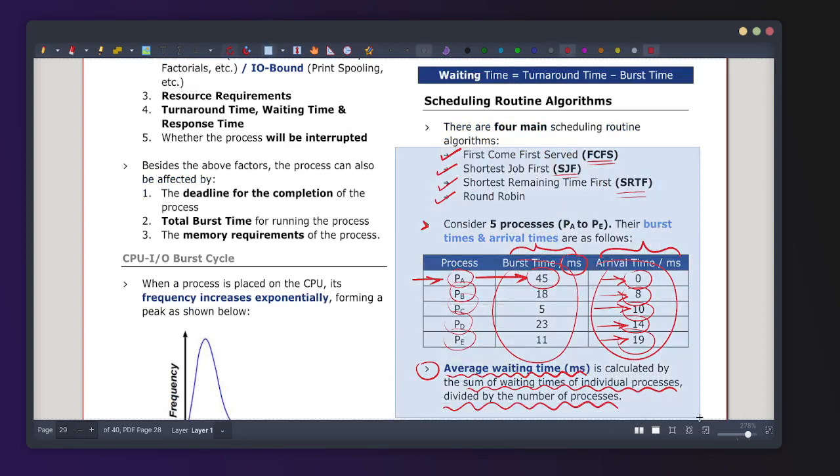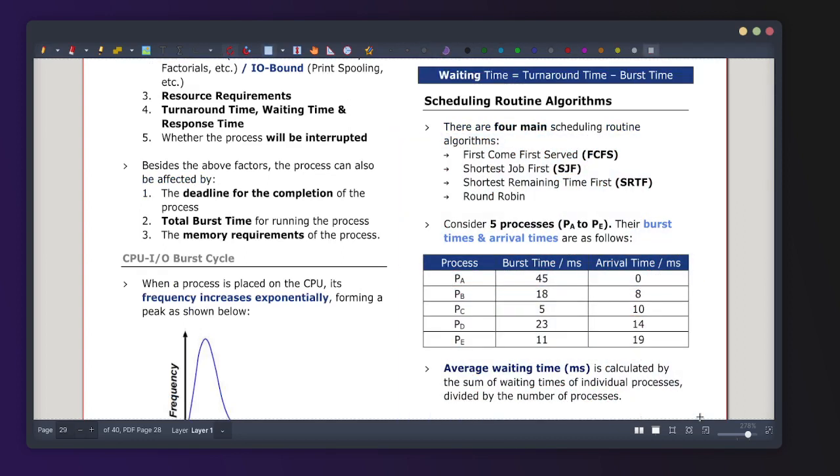Is that clear? If I said waiting time, beg your pardon, what I meant is average waiting time. So we're trying to find an algorithm that has the least average waiting time. Although one process might have a large waiting time, overall all processes might have an average of very little waiting time. So we're trying to minimize the average.